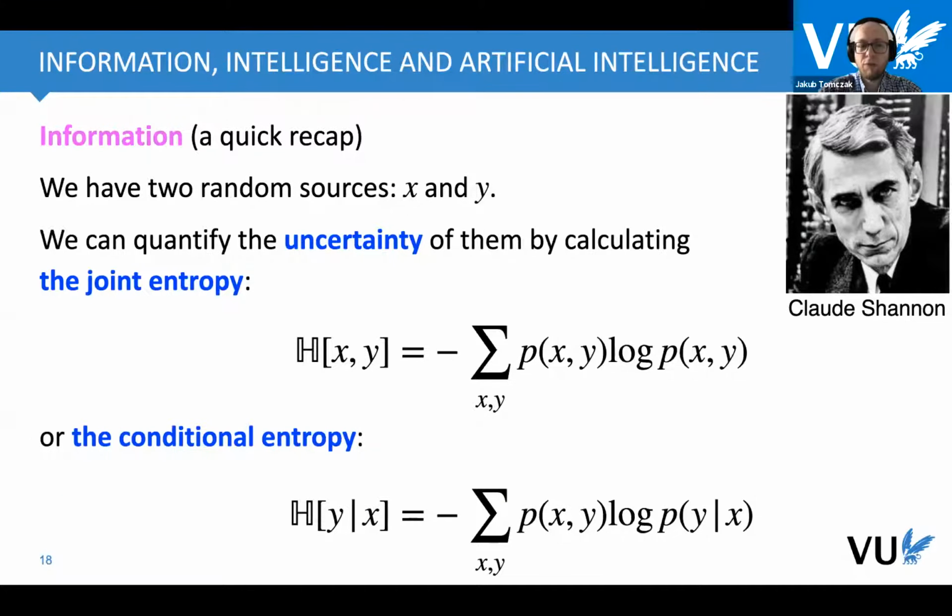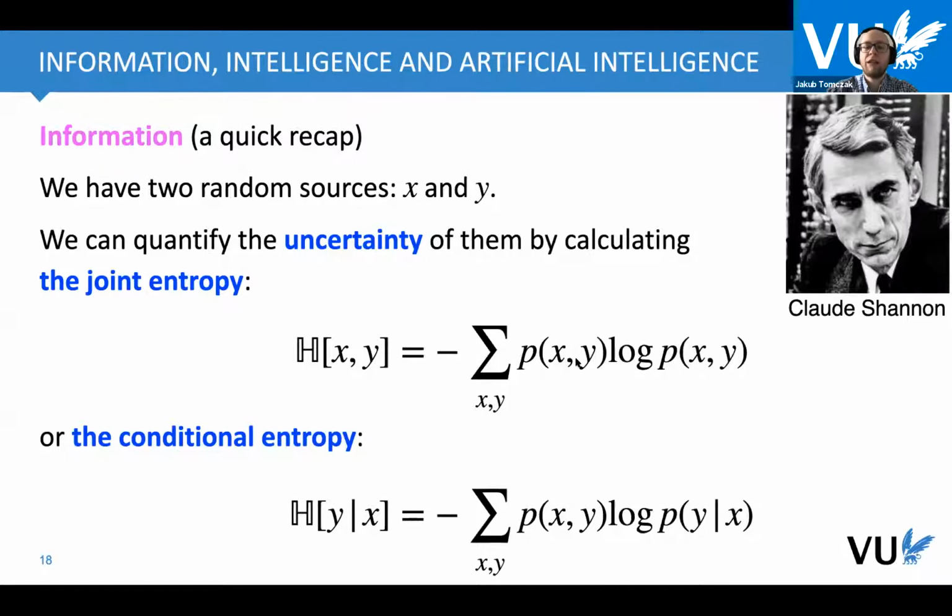Another very useful concept is, of course, when we have two sources of data and we have the joint entropy of two random variables or random sources of data, right? So we can now say that we have X and Y, and X is, for instance, an image, and Y is some action that the agent, the robot, the AI system should take, right?